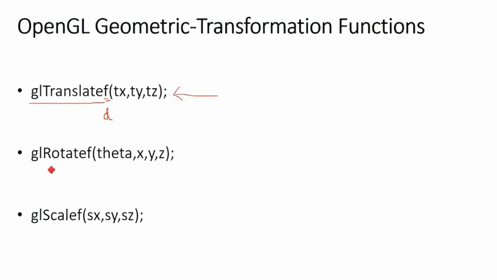And then the next function we use will be glRotatef, or we can also use glRotated. This function takes 4 parameters: theta, x, y, z. Theta is the angle of rotation. So let us say if I write 90 degrees, we are intending to rotate the object by 90 degrees in the anti-clockwise direction.